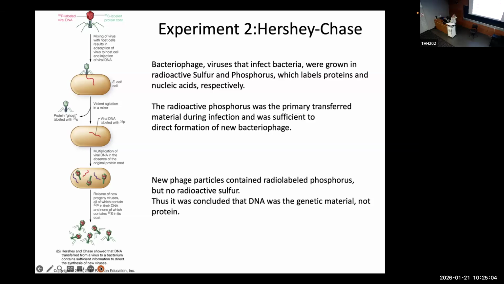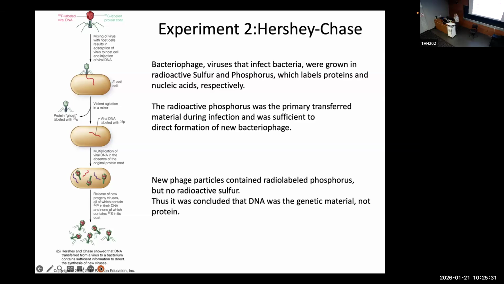Phosphate is going to label the DNA, right? Because DNA contains phosphate molecules. So P32 labels the DNA. They also labeled the protein coat with S35. So sulfur is in some amino acids, but it is not in DNA. So you can label those with two different isotopes and label the phage in different ways.